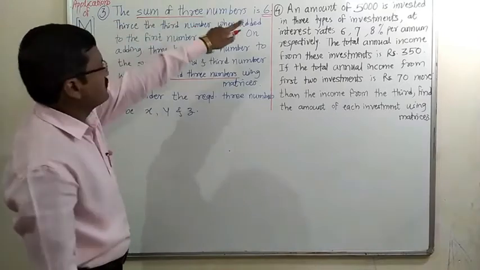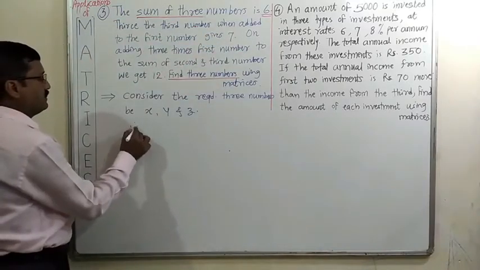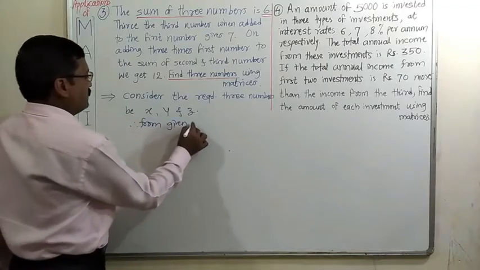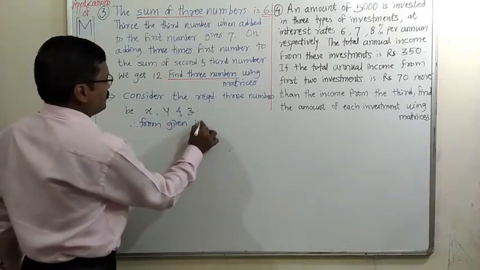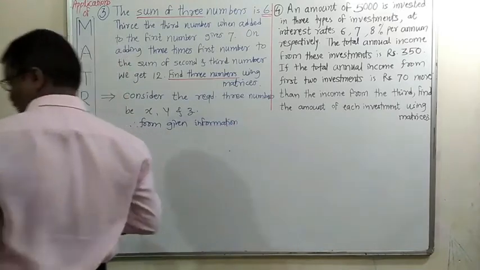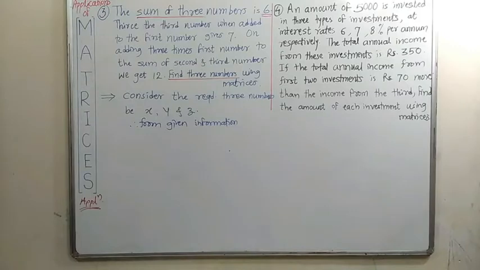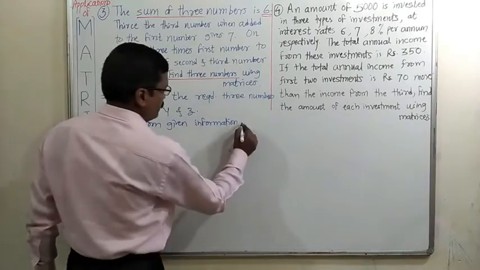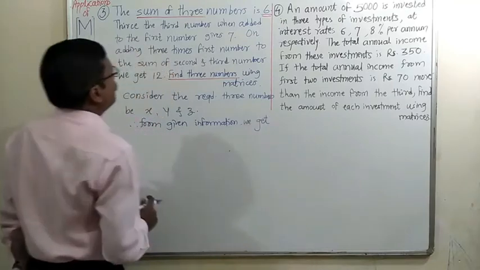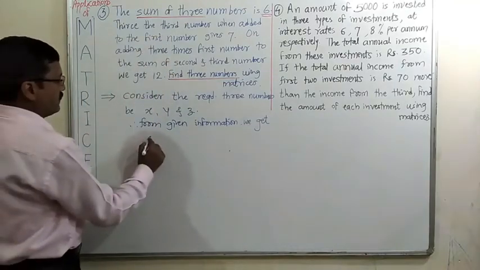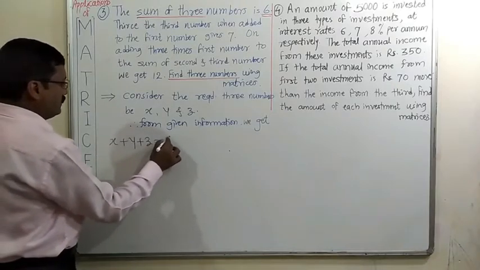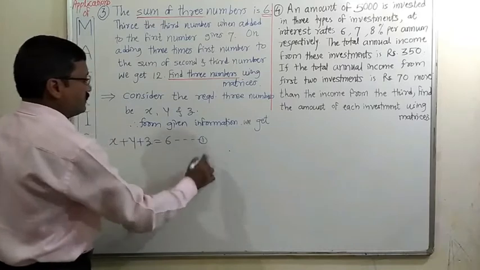From the given condition, the sum of three numbers is 6, means x plus y plus z is equal to 6. This is our equation 1.